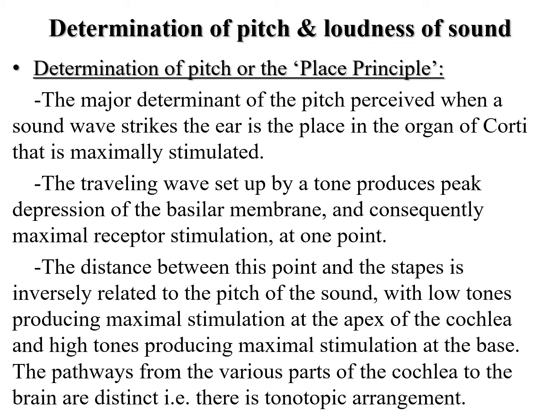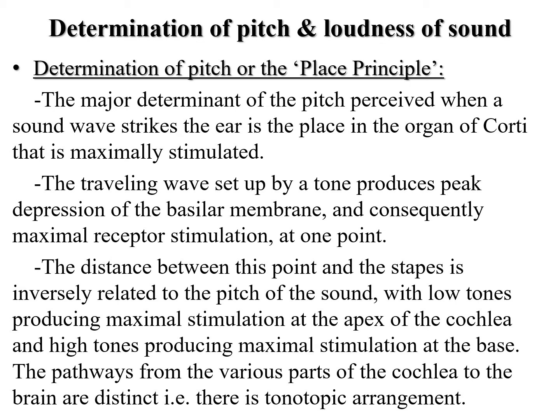The pathways from various parts of the cochlea are distinct. There is tonotopic arrangement, means in the brain where there is the center for auditory perception, the parts of the cerebral cortex which can perceive low tones are different compared to which can perceive higher tones.